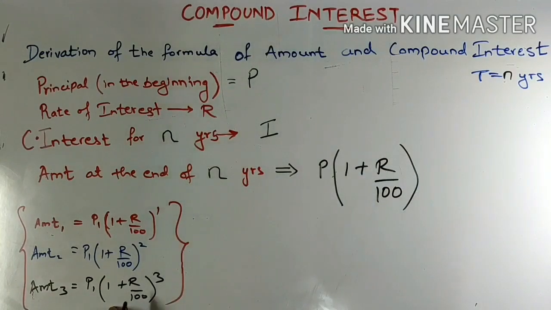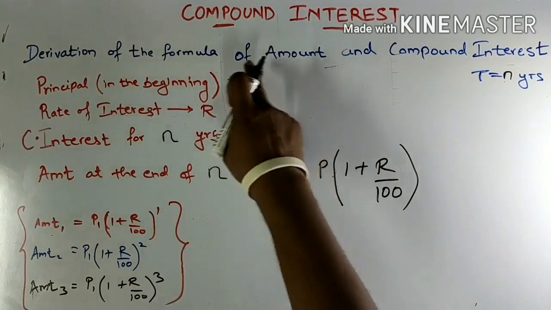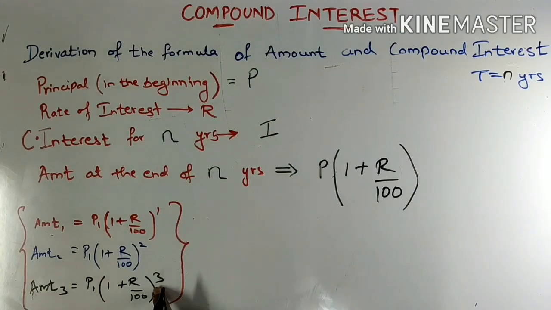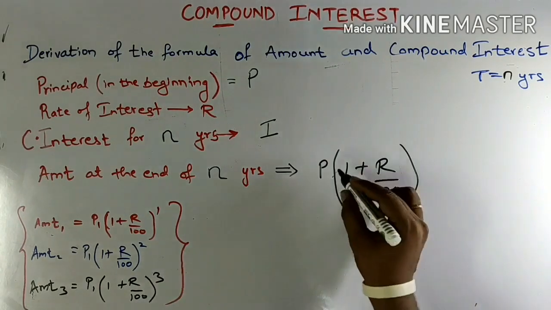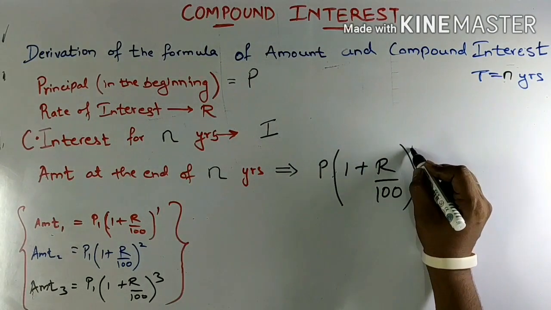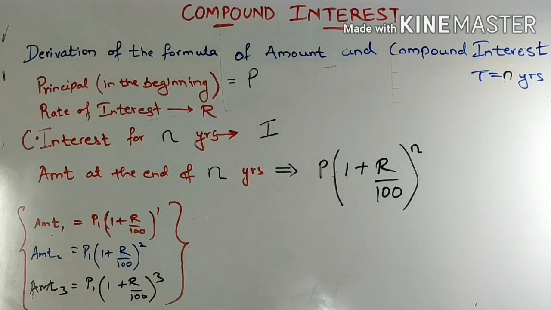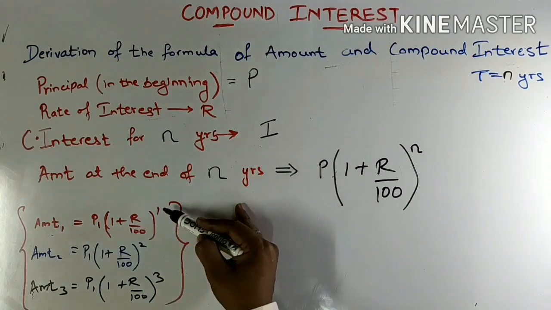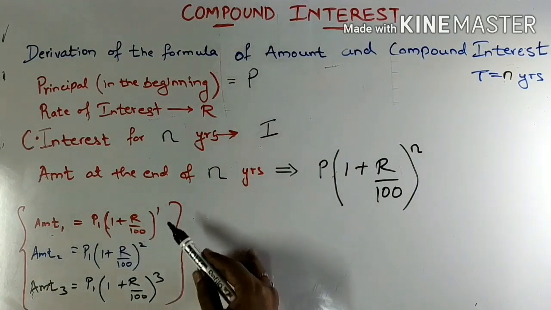This whole thing remains the same as my denotions. Only thing that changes is the number of years which is situated over here at the power of this bracket. So when my number of years is n years, it will be raised to the power n. So amount at the end of first year, formula was raised to the power 1.